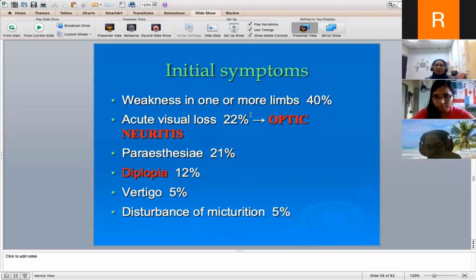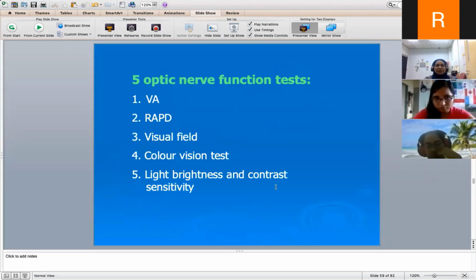That could be one of the first signs that they actually have underlying multiple sclerosis. They will present with acute visual loss, some paresthesia. They might complain a bit of diplopia, depending on the location of the disease. But let's concentrate on optic neuritis this time.